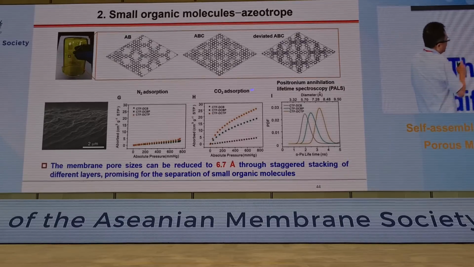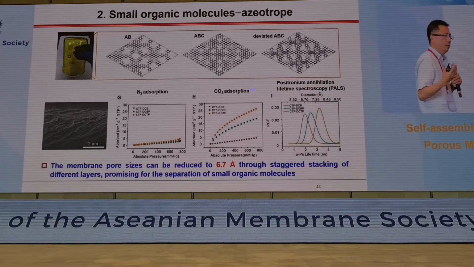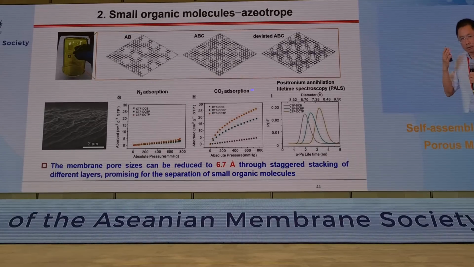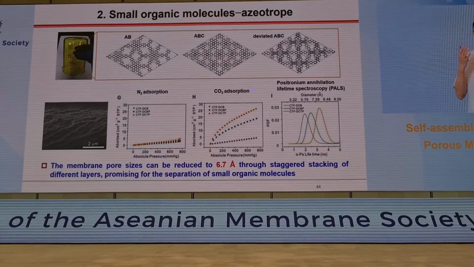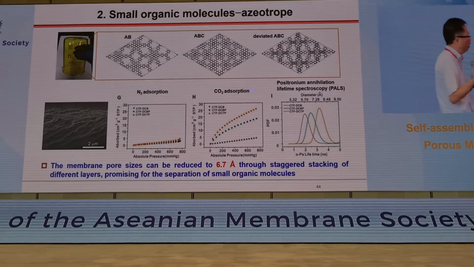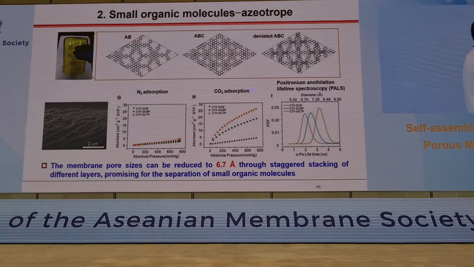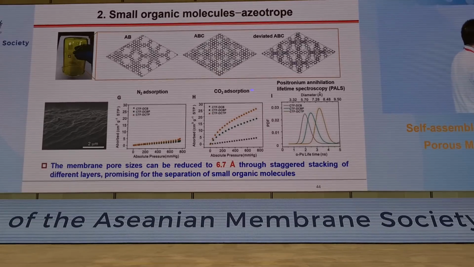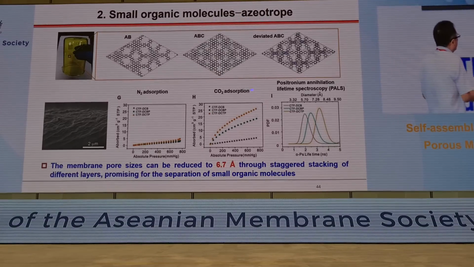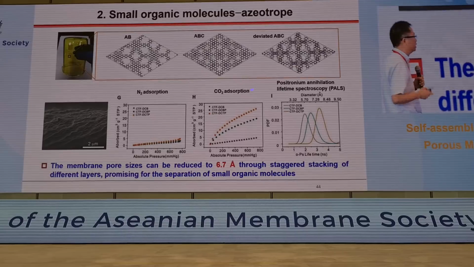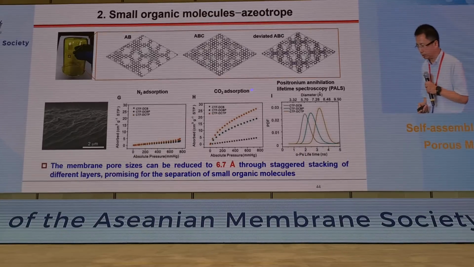You can see this size, 6.7 angstrom, is in the range of small organic molecules, normally from 4 angstrom to 7 angstrom. So this becomes promising for the separation of small organic molecules.